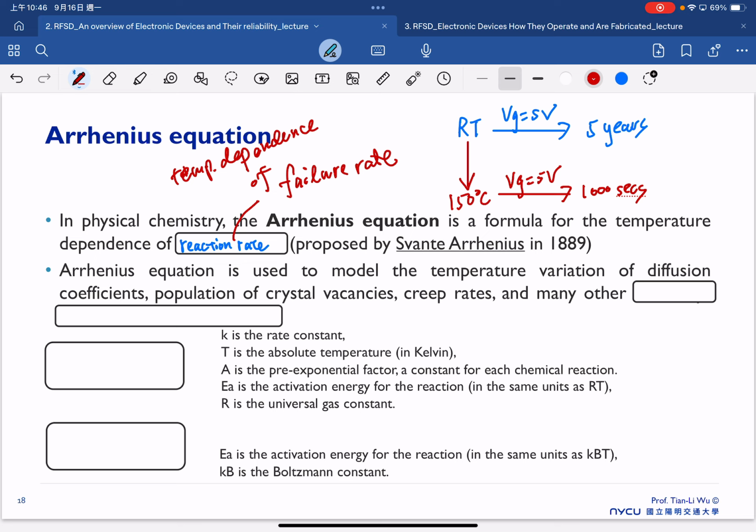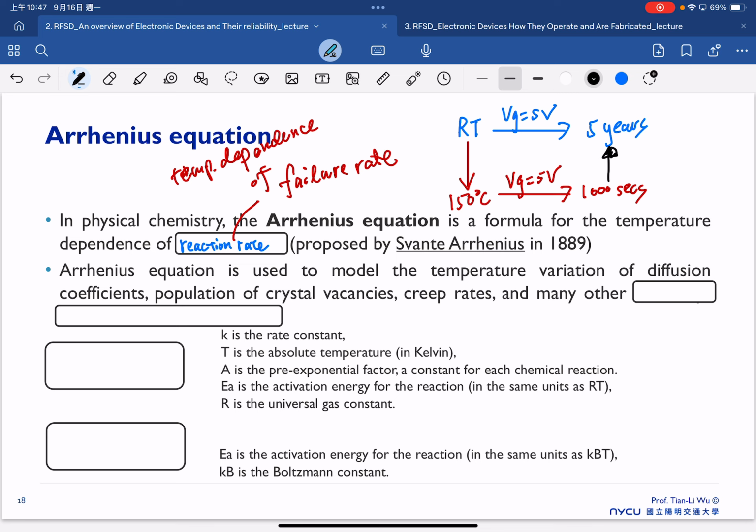But the last step becomes the problem: how do we convert the 1,000 seconds, a result from 150 Celsius degrees, back to the time that we prefer at room temperature? Finally, the temperature dependence of the Arrhenius equation gives us this possibility.